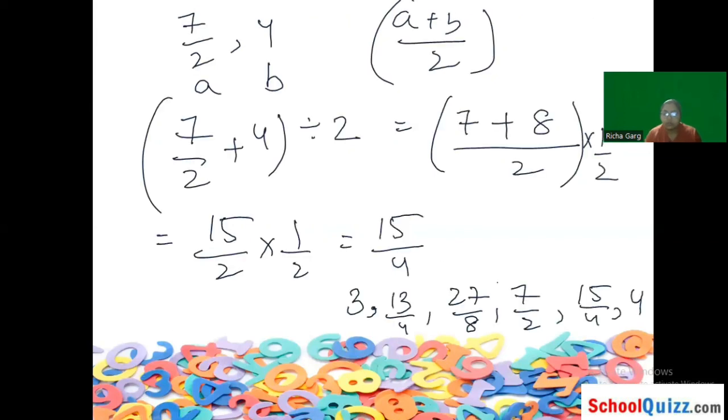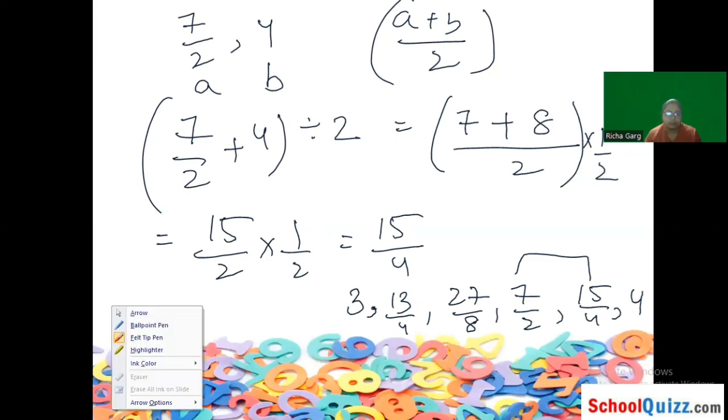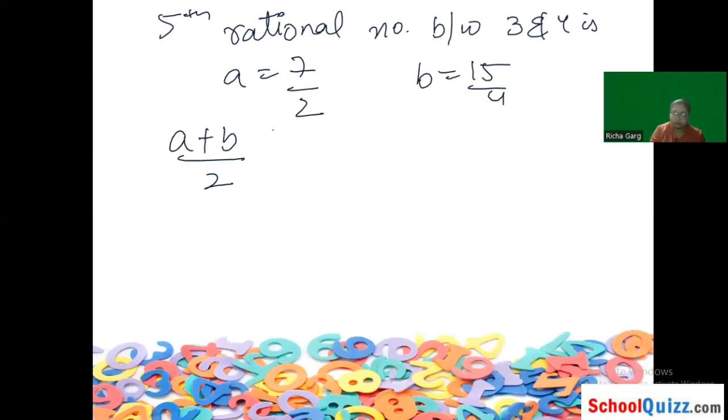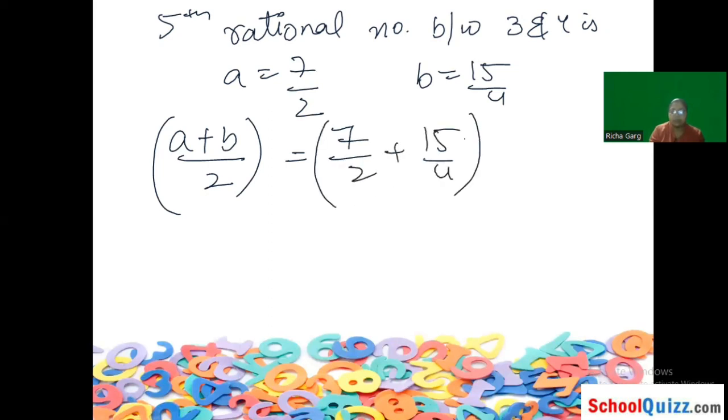Okay, now which pair are we going to take? Let's take 7 by 2 and 15 by 4. So A is 7 by 2 and B is 15 by 4. Again, A plus B upon 2 will be 7 by 2 plus 15 by 4 divided by 2.